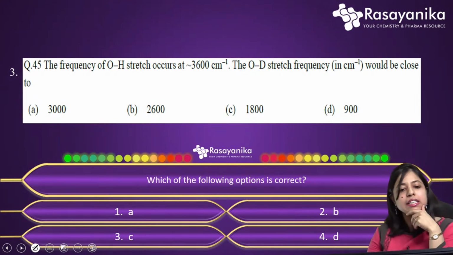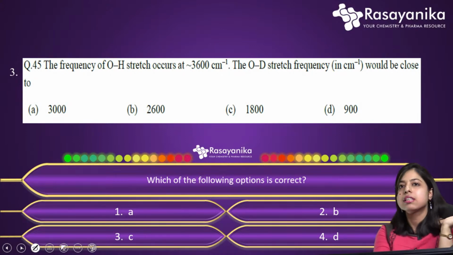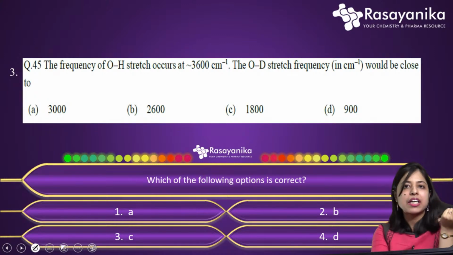The question is: the frequency of OH stretching occurs at 3600 centimeter inverse. We all know the OH stretching frequency is around 3600 cm inverse. So what will the OD stretching frequency be when the hydrogen is replaced by a deuterium atom?